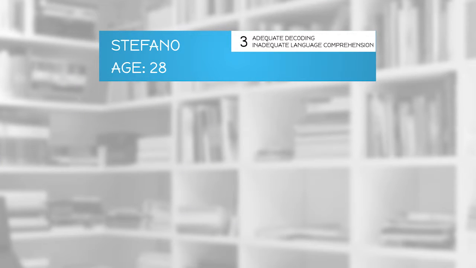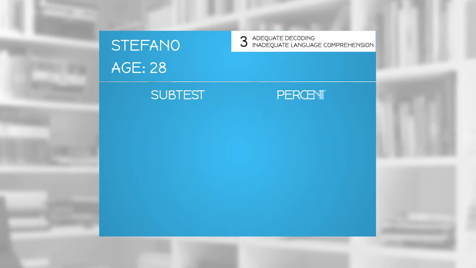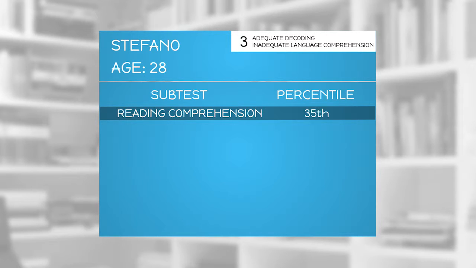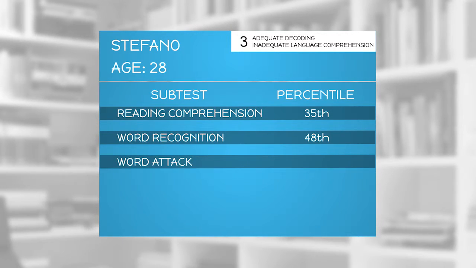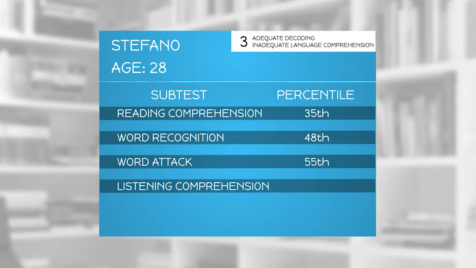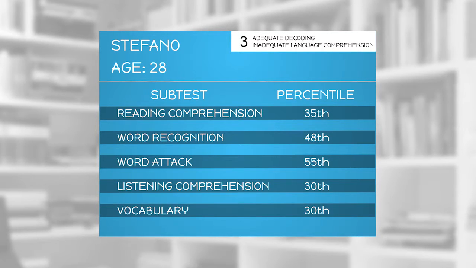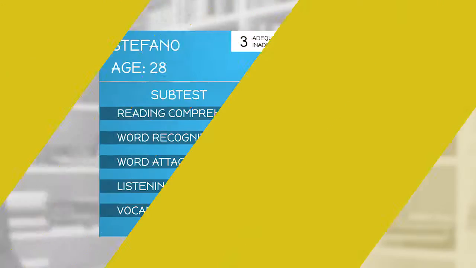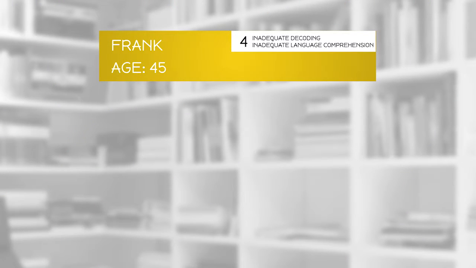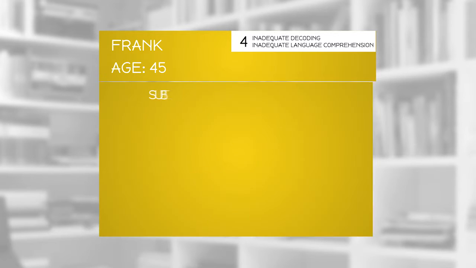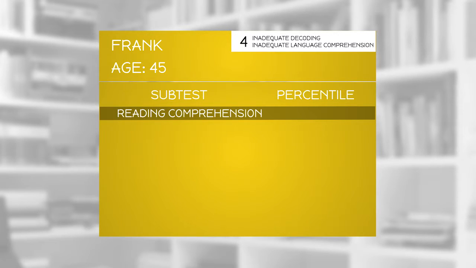Stefano's profile falls in quadrant 3. Stefano taught himself to speak English by watching English TV and movies with subtitles. He can read any word on any page, but struggles to understand what he's reading. His primary instructional need is language comprehension. The fourth profile is of Frank. Frank was in special education classes for most of his schooling.